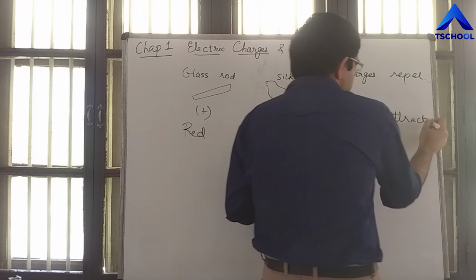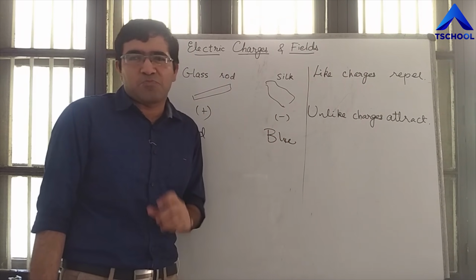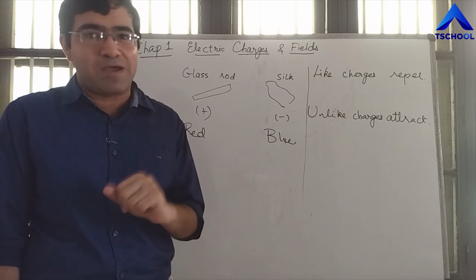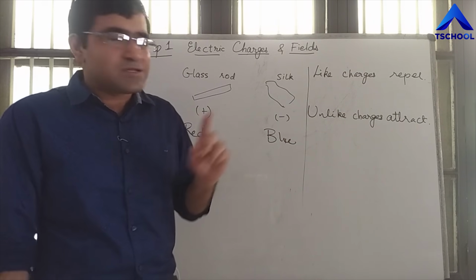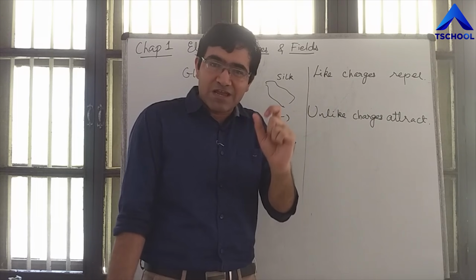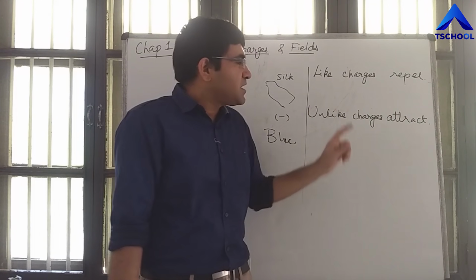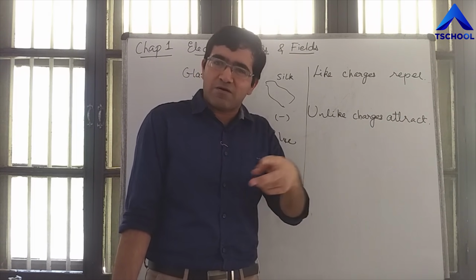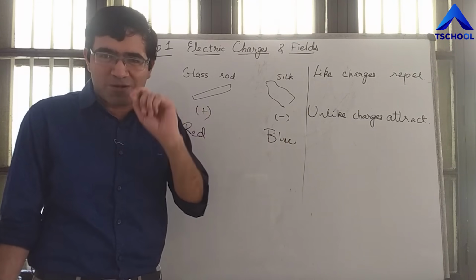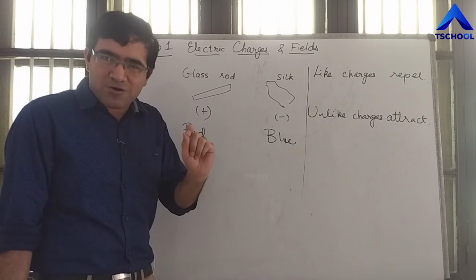This is pretty much the same as what we have for poles of a magnet, correct? North and north repel, south and south repel, north and south attract. Same thing here, positive repel because they are like, negative also repel because they are like, but positive and negative will attract each other. So remember these sentences: like charges repel and unlike charges attract.